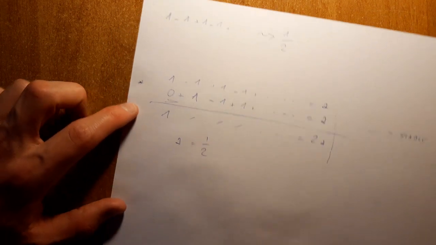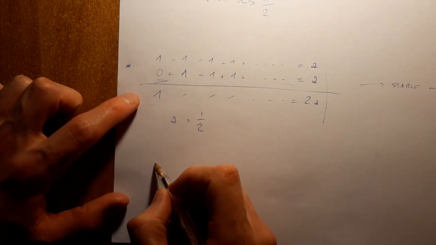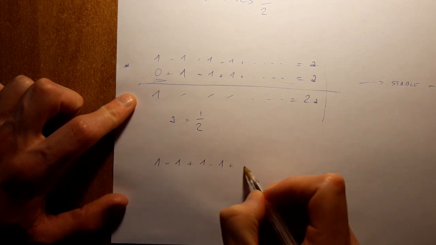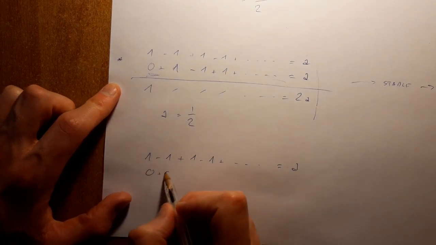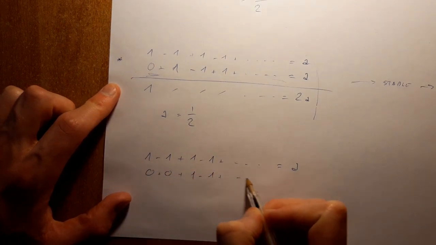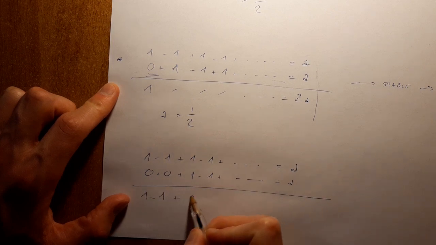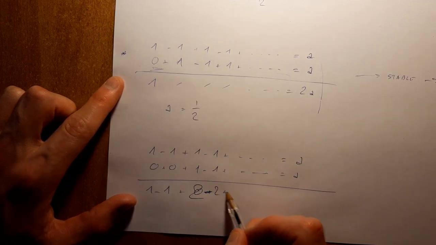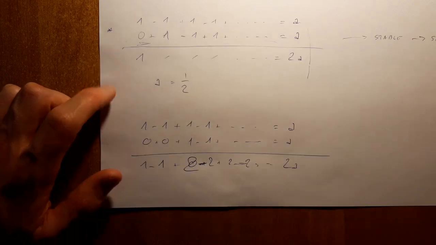But we can also use the two sliding sum: 1 minus 1 and so on equals a, 0 0 1 minus 1 equals a, and 2 minus 2 plus 2 minus 2, and so on, equals 2a.